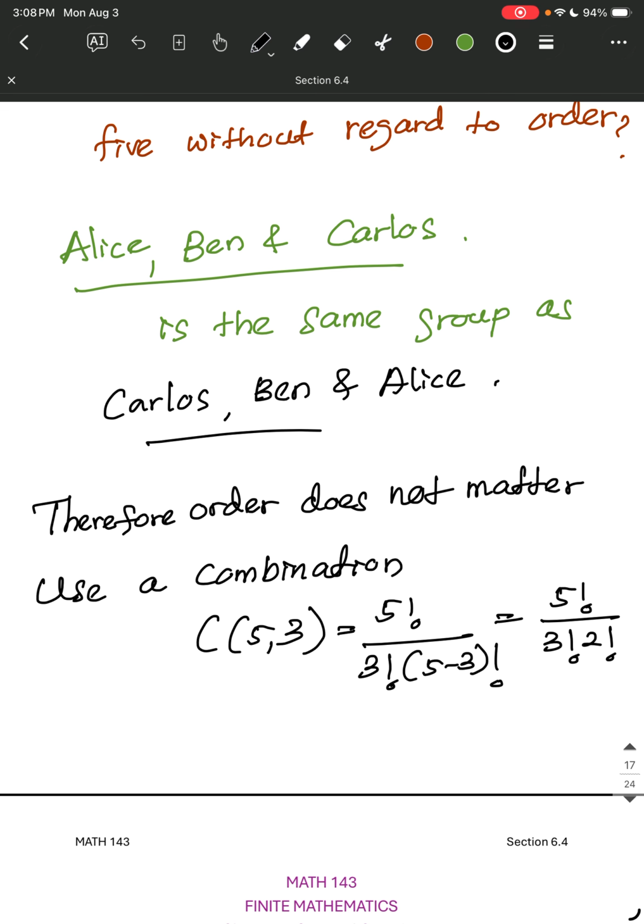Simplify the answer. So the answer should be 10. Therefore, 10 groups are possible.